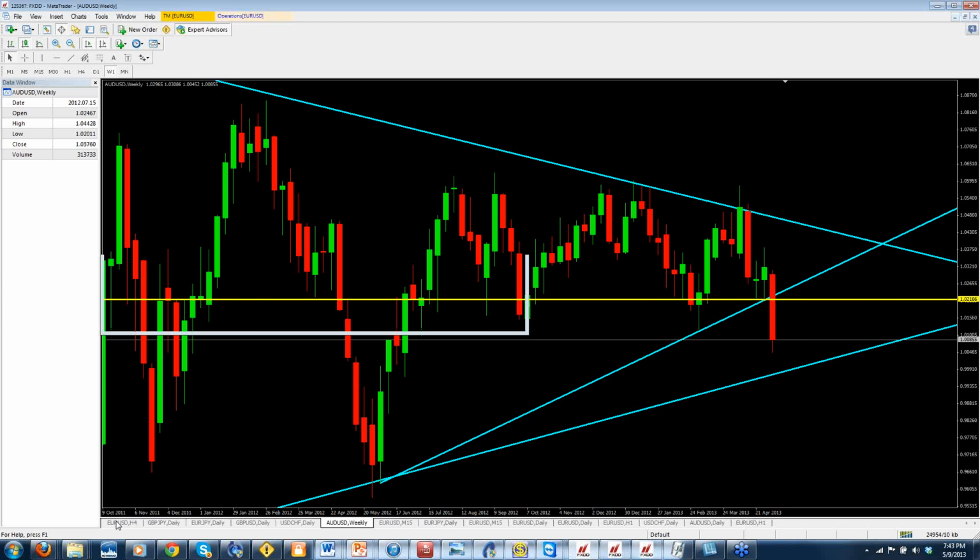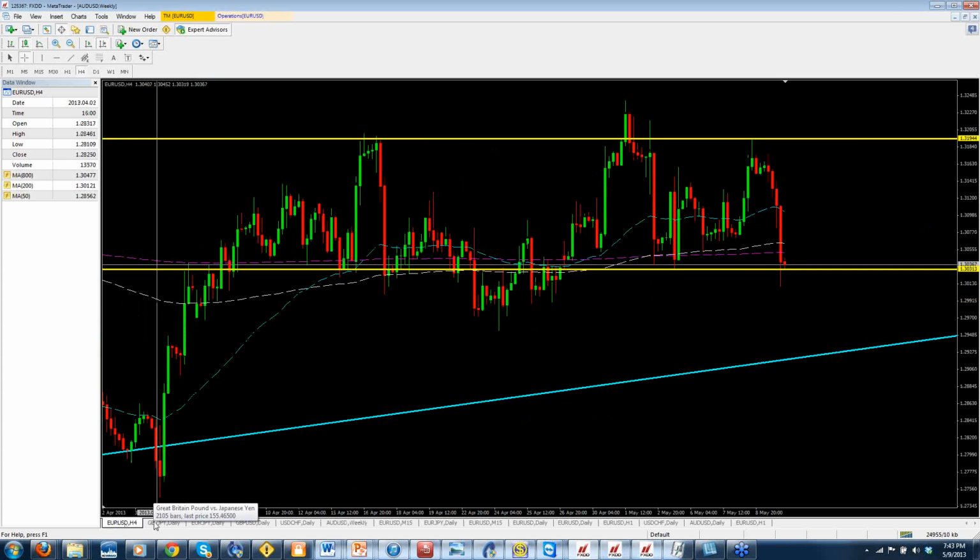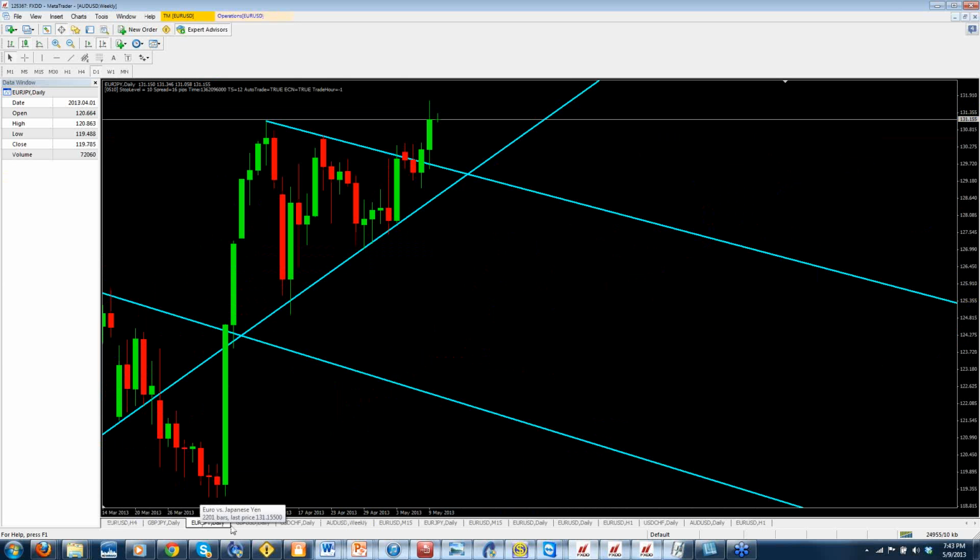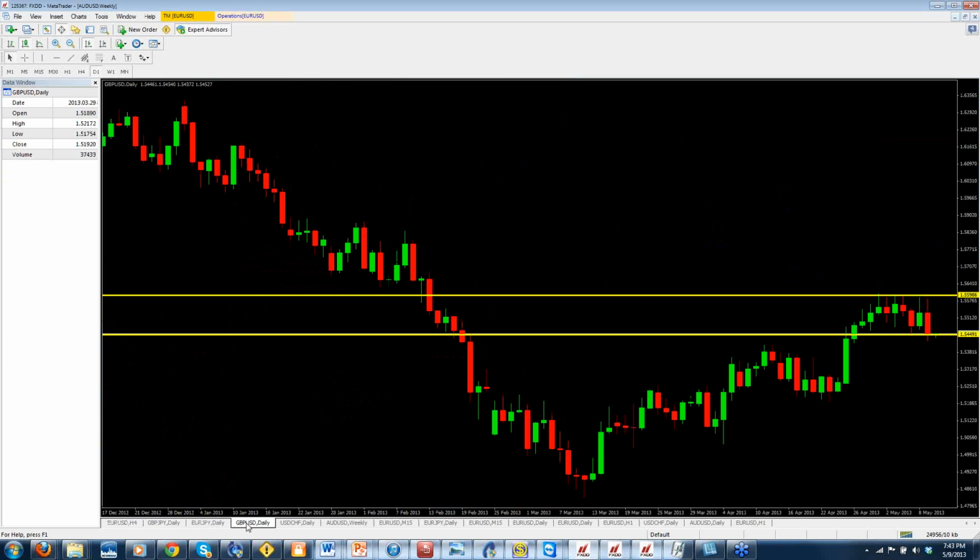So that's our biases. Once again, I'll say a buy bias on the euro dollar, buy bias on the pound yen, buy bias on the euro yen. Pound dollar has also got a buy bias, believe it or not, because we are in a consolidation. All right.